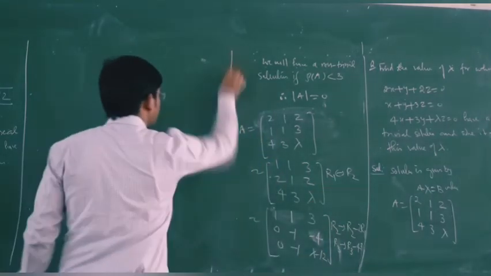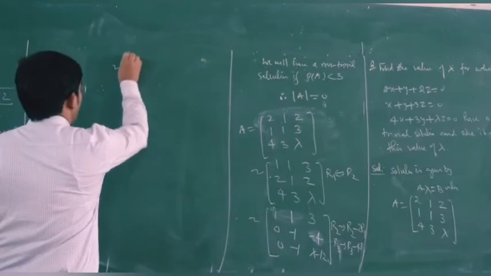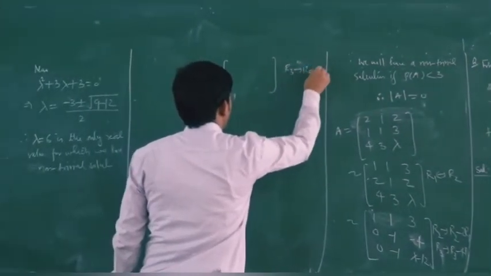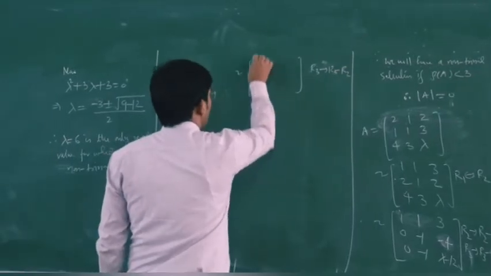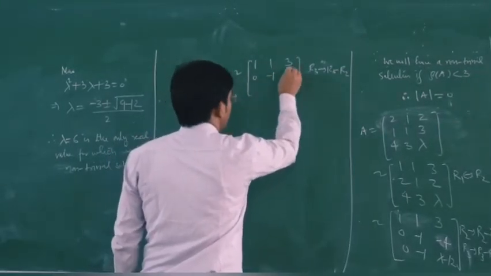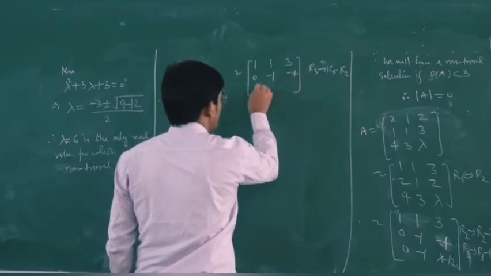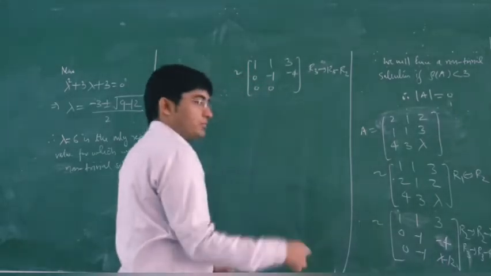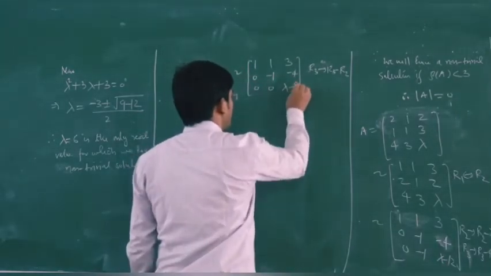Now R3 minus R2 implies 1, 1, 3, then 0, minus 1, minus 4, and then we will have 0, 0, and this will be lambda minus 12 plus 4. So we have lambda minus 8.